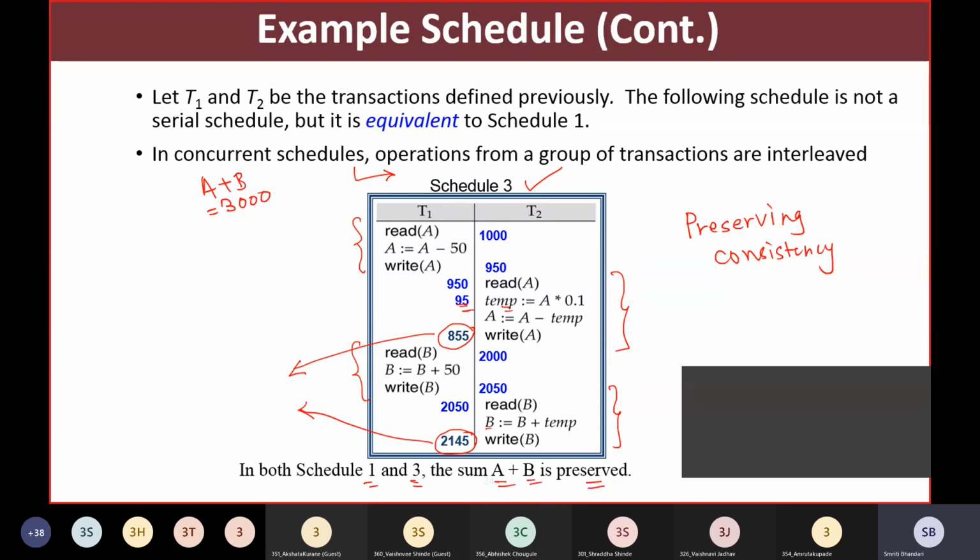Right? So in both these schedules, schedule 1 and schedule 3, the sum A plus B is preserved. So even though schedule 3 is my concurrent schedule, it is producing the result which is same as one of the serial schedules.